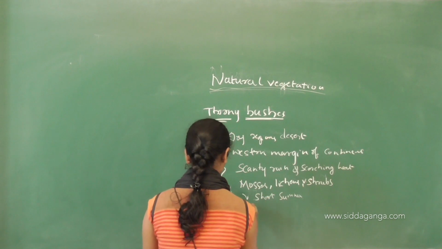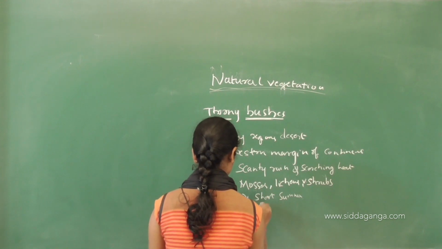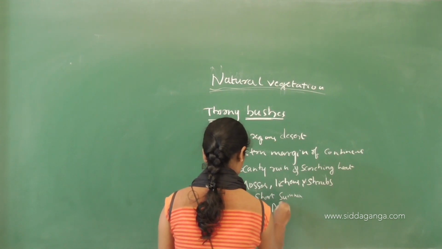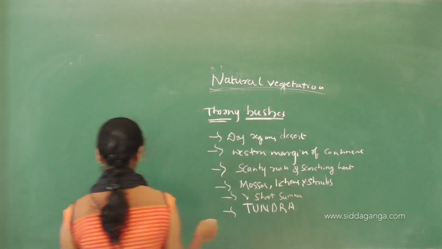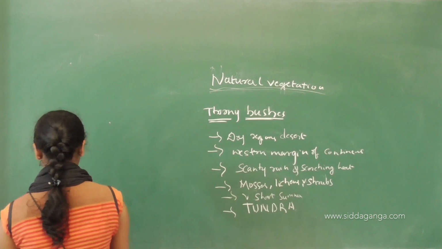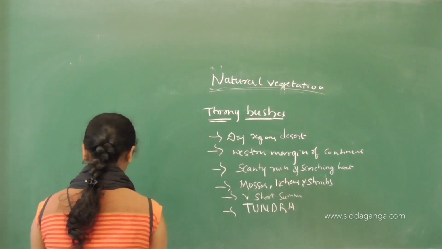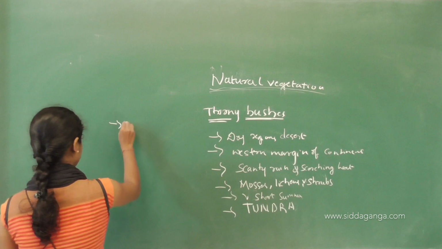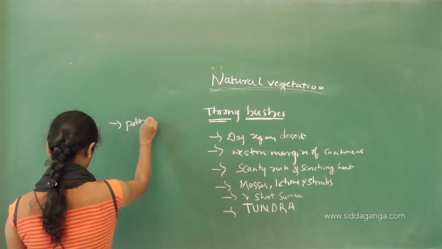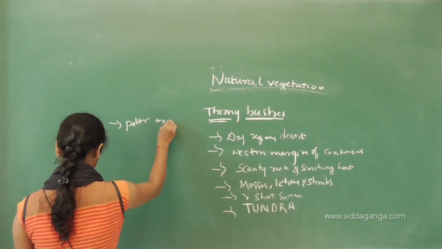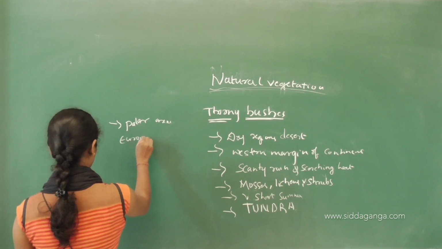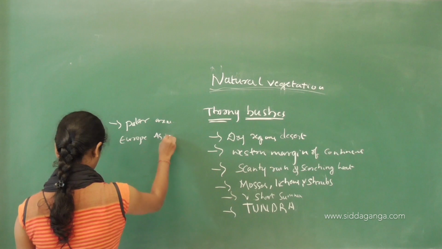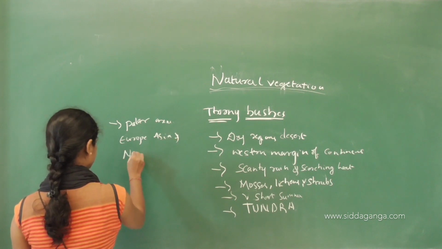This is also called tundra. This can be found in the polar areas like Europe, Asia and North America.